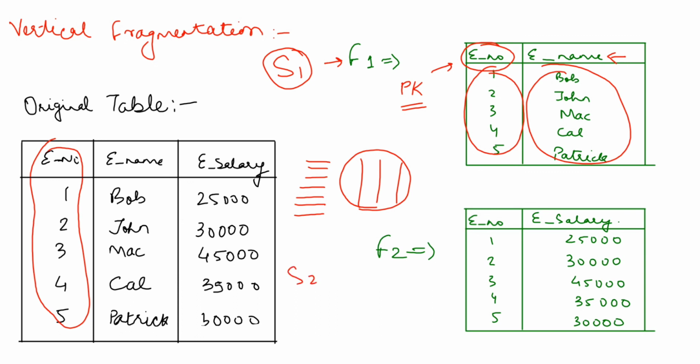At S2 we can store F2, or at S3 we can store F2 if S3 needs salary only. Similarly, we need to have the primary key in that fragmented table as well. As S3 only needs salary access of the employees, we can have the salary stored at that site by doing the fragmentation.